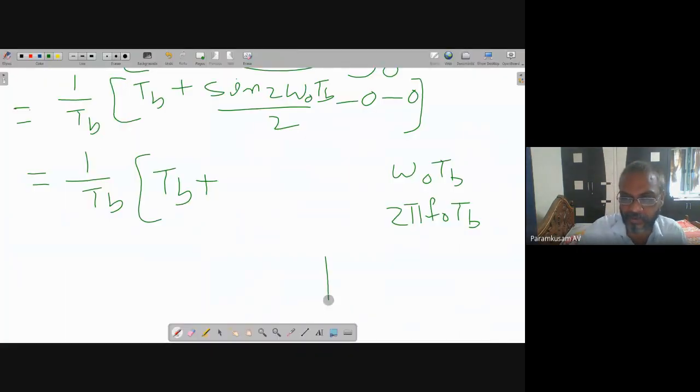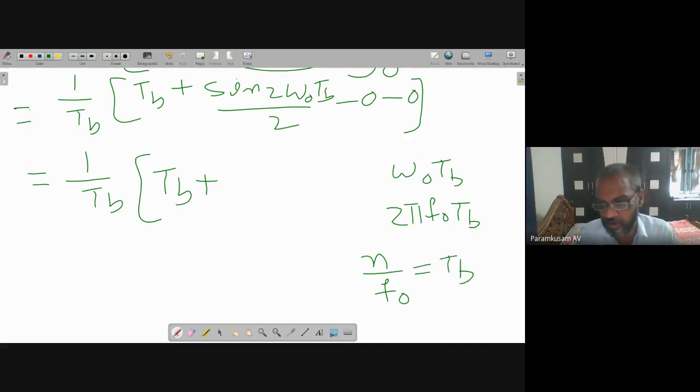Here during 1 bit interval, n by f naught is equal to Tb.